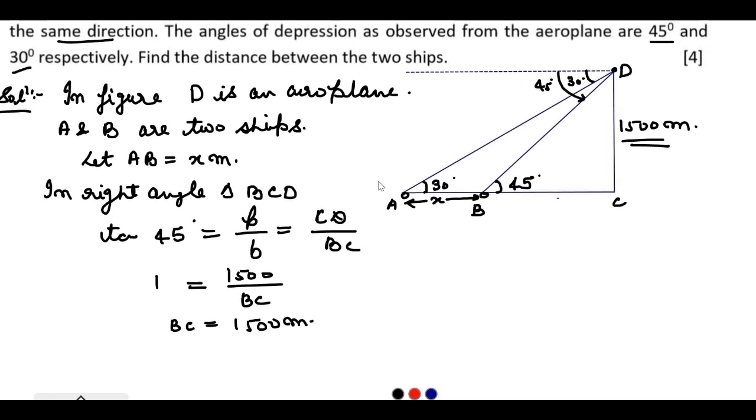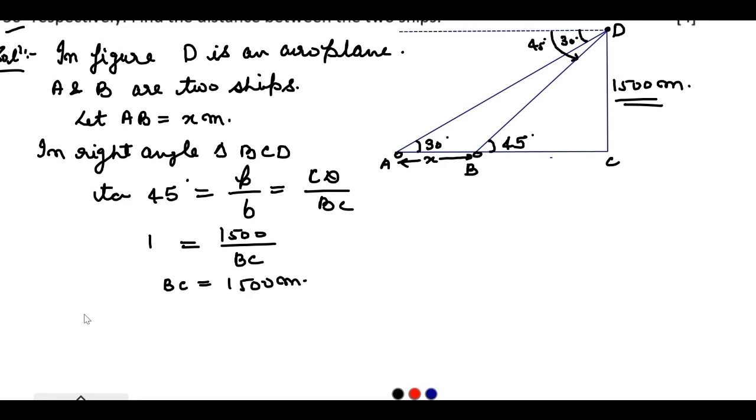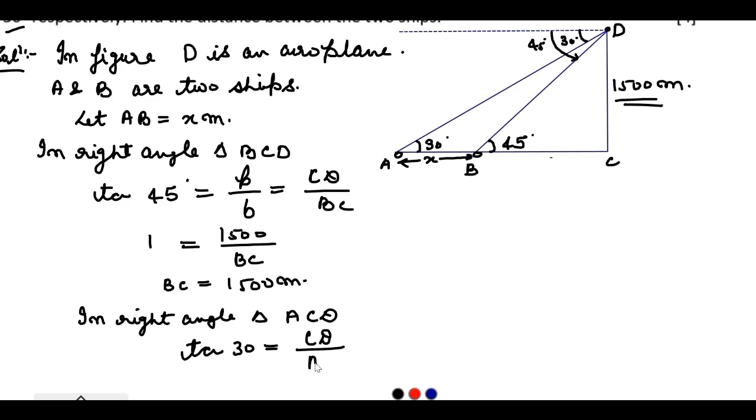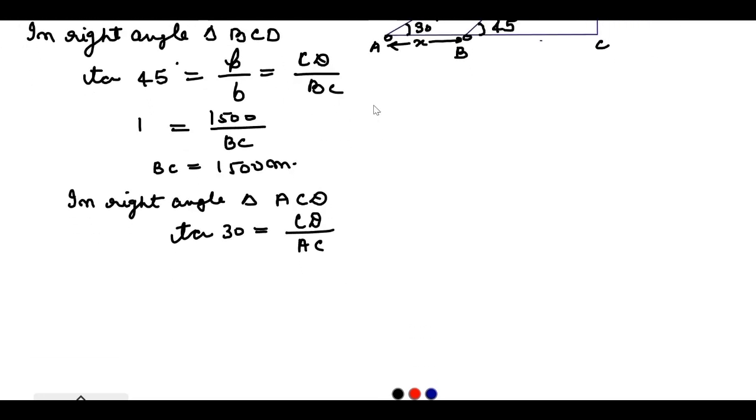Now consider the second right angle triangle, that is ACD. In this triangle, tan 30 is equal to perpendicular upon base, CD upon AC. Now tan 30 is 1 upon root 3, CD is 1500 and AC is BC plus AB.